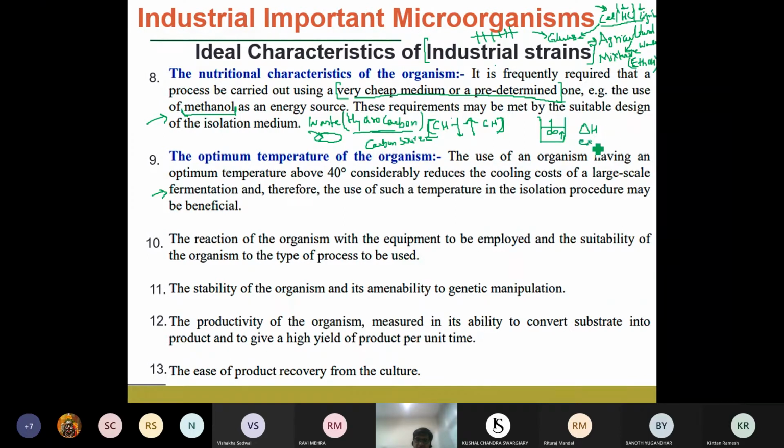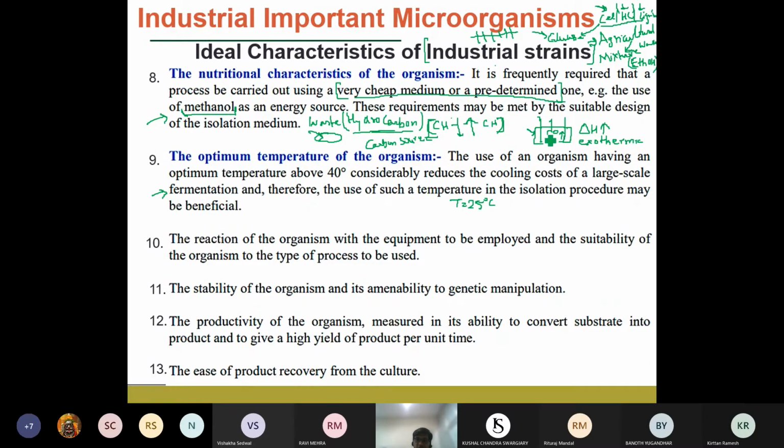We have already talked that microbial fermentation processes are generally exothermic. In exothermic processes, what is happening? The heat is released in the system, and overall temperature increases as the fermentation carries on. If the adequate temperature of the fermentation is, for example, 25 degrees Celsius, then you have to supply cooling water to maintain that 25-degree temperature.